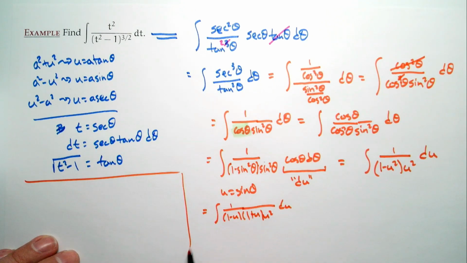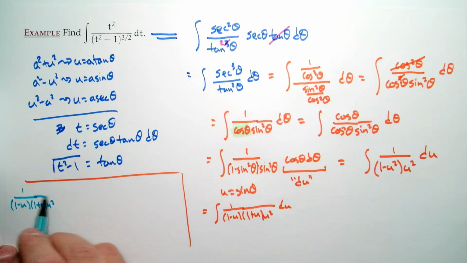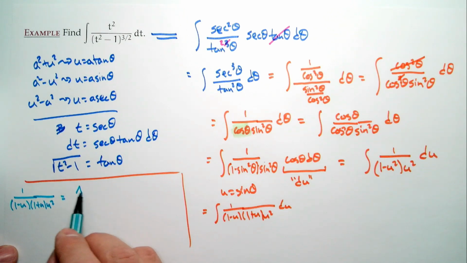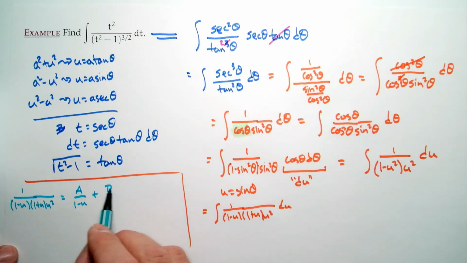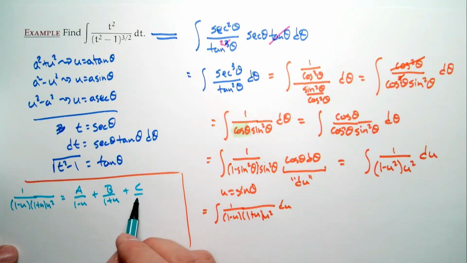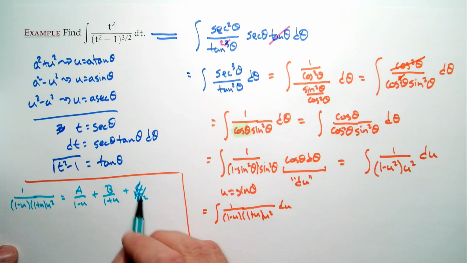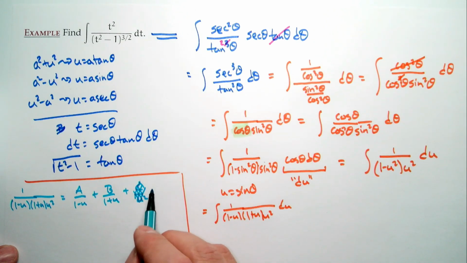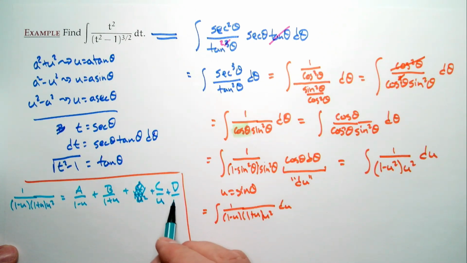Okay, so now we're going to do some work on the side. So, what do we have? We have 1 divided by 1 minus u times 1 plus u times u squared equals something over 1 minus u plus something over 1 plus u plus something over u squared. Oh, wait, well, that's not right. What should it have been? C over just u and d over u squared.